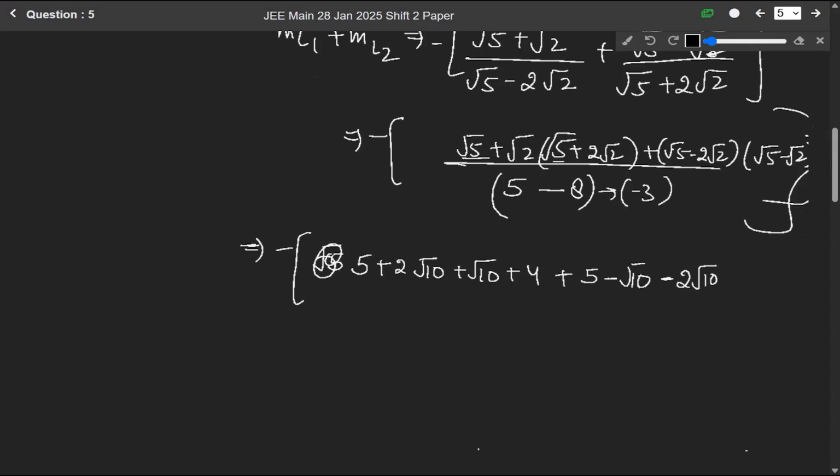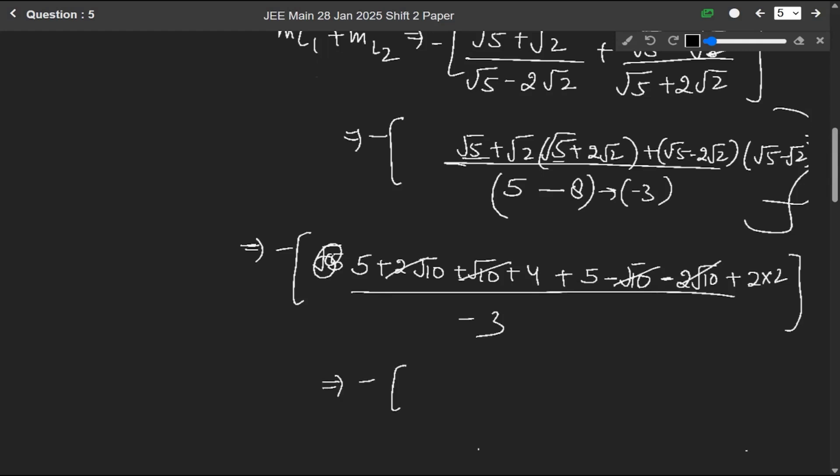Okay, and minus minus plus, this will be 2 into root 2 into root 2, means root 4, means it will be 2. Okay, over minus 3. So this cancels out and it will become minus (5 plus 5, 10, 4, 4, 8) over minus 3. So it will be minus 3, 6, 18, so the answer will be 6.